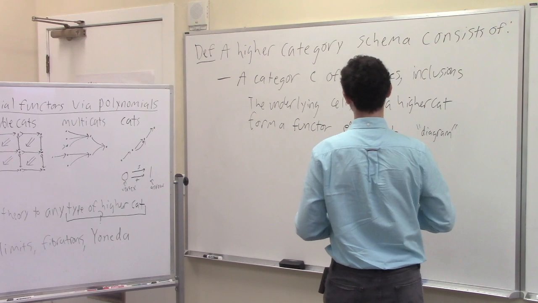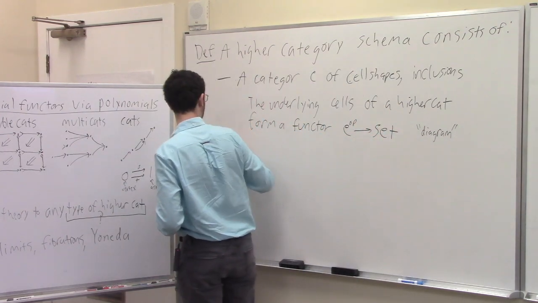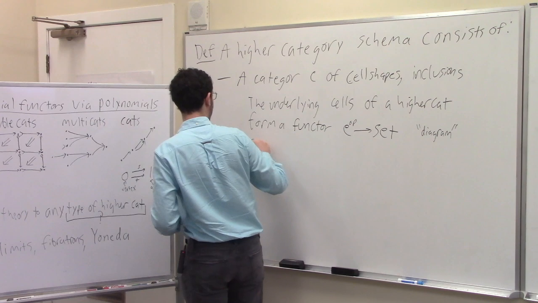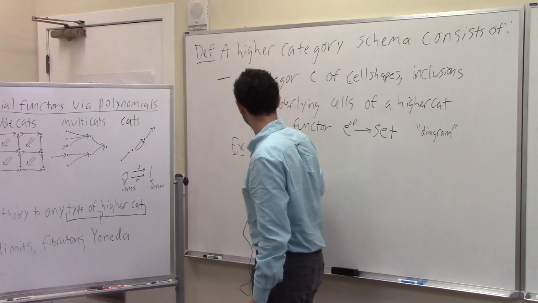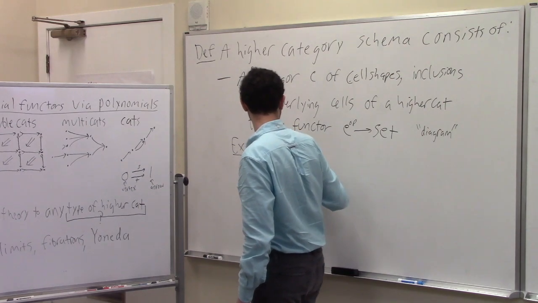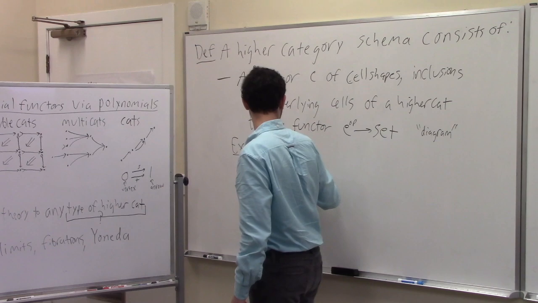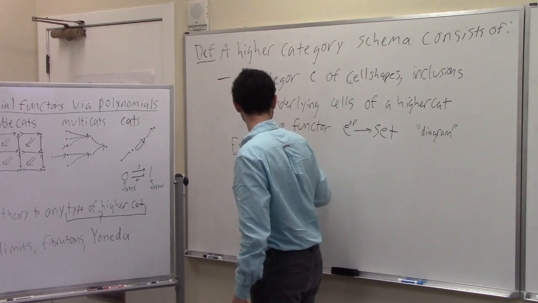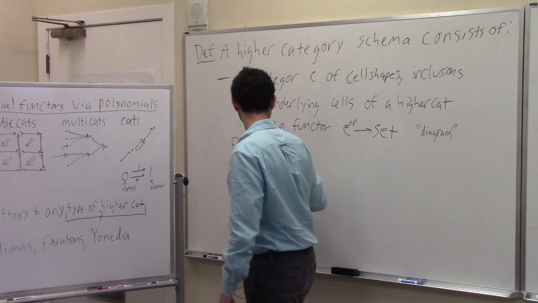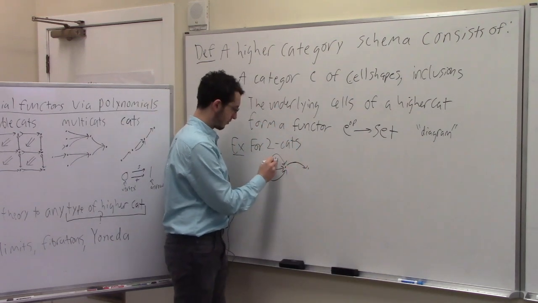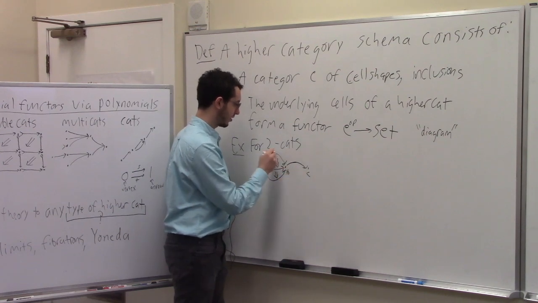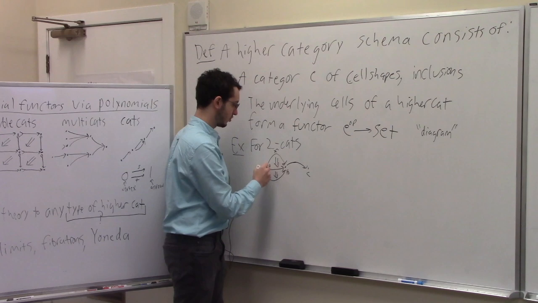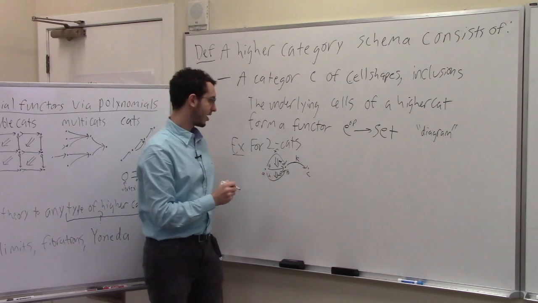And so in particular, for 2-categories, if we have a 2-category, or rather just the underlying cell data of a 2-category, it looks like this. I'll give them names: A, B, C, F, G, H, K, alpha and beta.